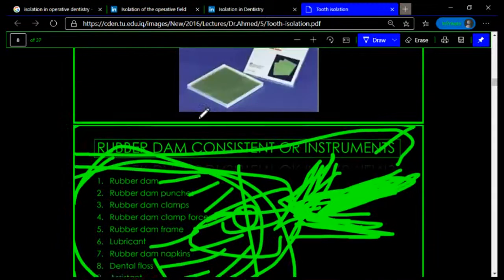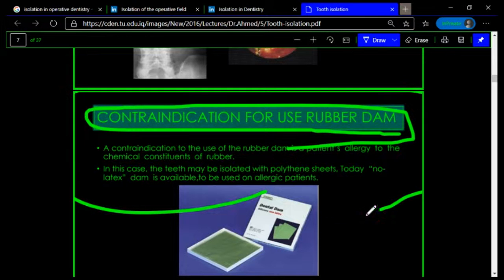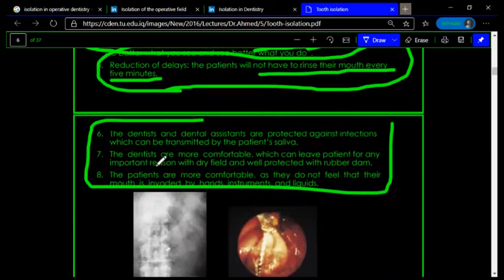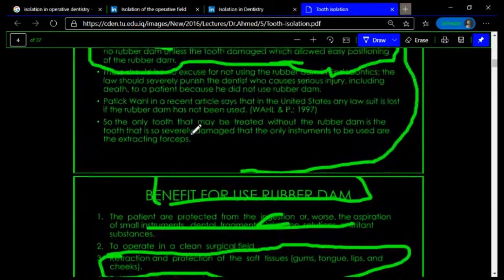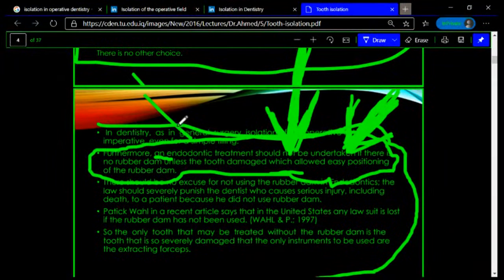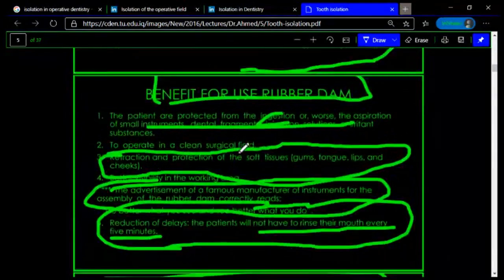These are the parts of rubber dam that we do not need. These are the contraindications for rubber dam use. This is the dentist and dental assistant protection against infection and all the advantages coming from the rubber dam. I was talking about this important phrase that we already use in our research.